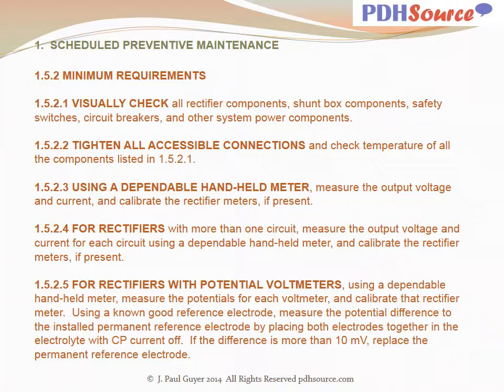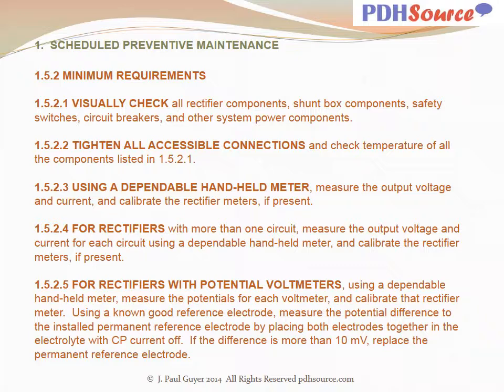For rectifiers with potential voltmeters, using a dependable handheld meter, measure the potentials for each voltmeter and calibrate that rectifier meter. Using a known good reference electrode, measure the potential difference to the installed permanent reference electrode by placing both electrodes together in the electrolyte with the cathodic protection current off.